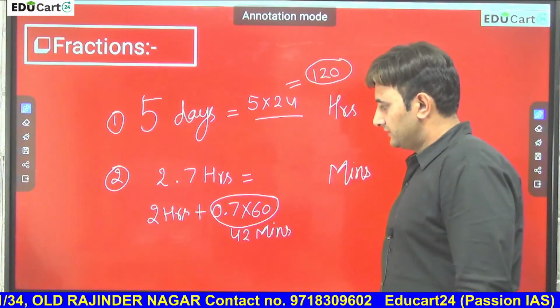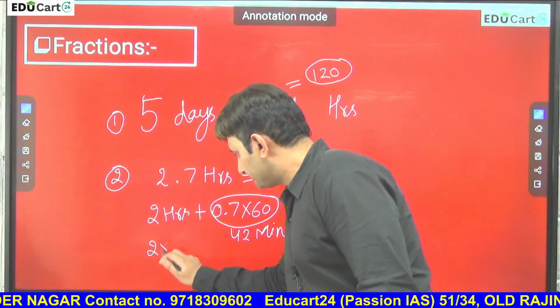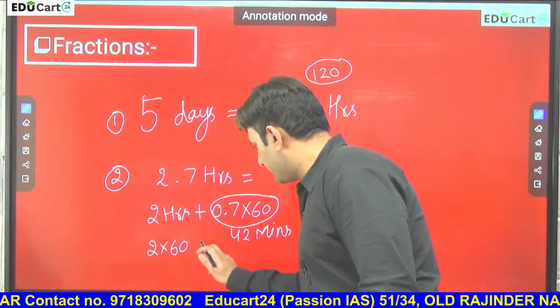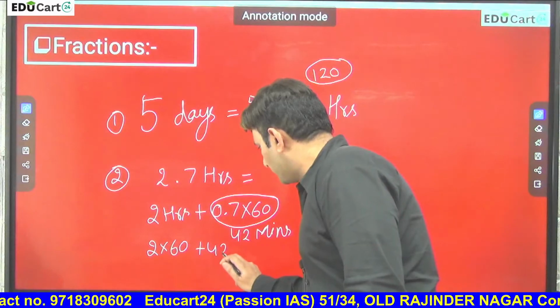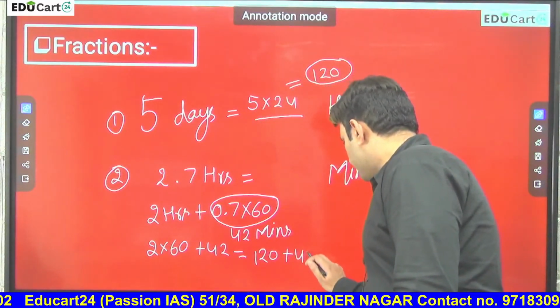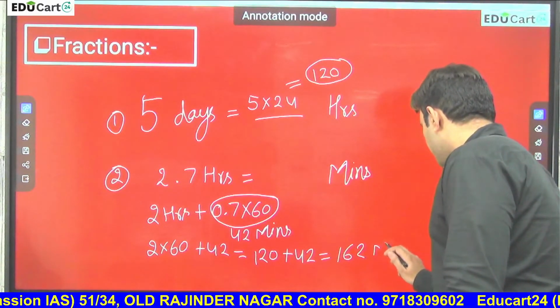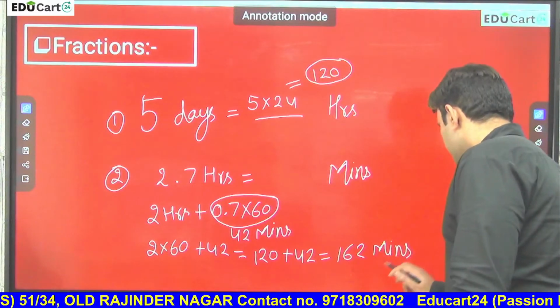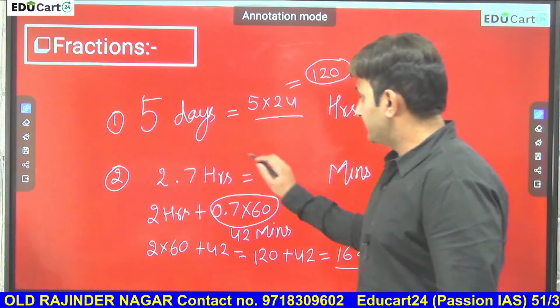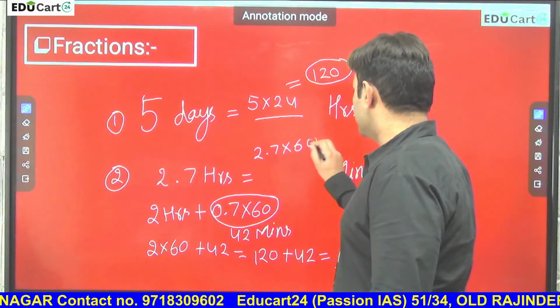42 minutes. So 2 hours is 2 into 60, 120 minutes, plus 42 minutes. So 120 plus 42 comes out to be 162 minutes. You can do it like this. Otherwise, you can simply say 2.7 into 60.